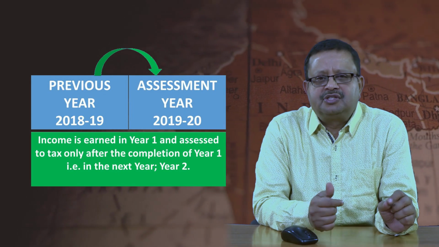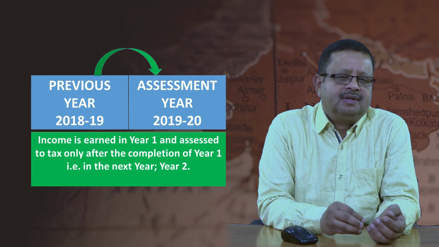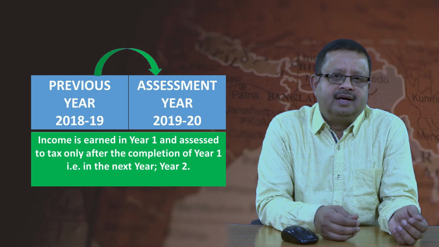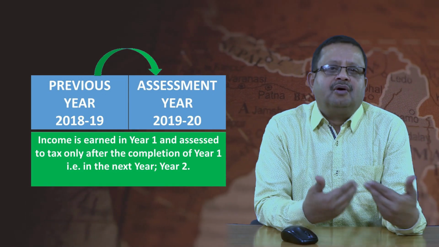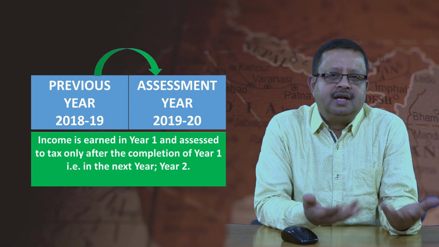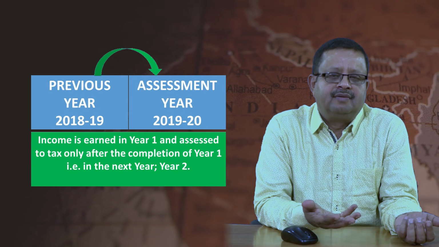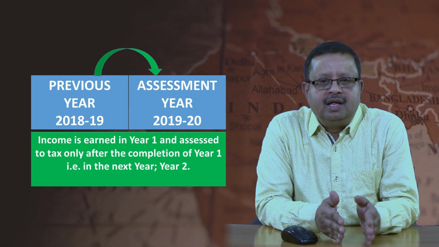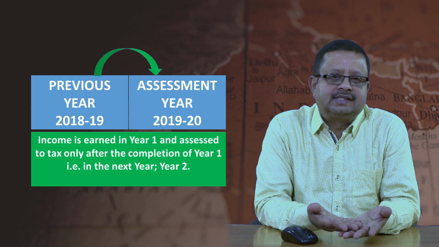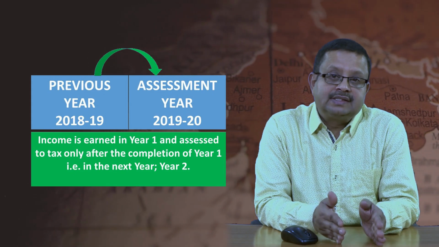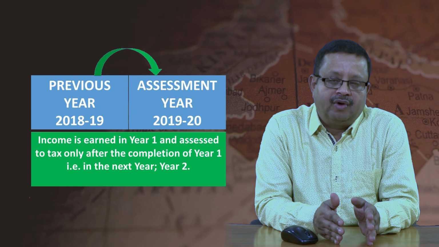The income tax department will not disturb the person during the current year to pay or to charge income tax in this particular year, but they will evaluate and assess the tax once this particular year is over.